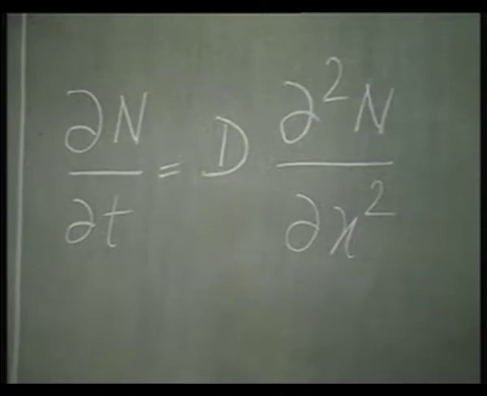This is called Fick's simple law of diffusion. Simple because we are taking the easier option, that is, the diffusion coefficient is a constant.